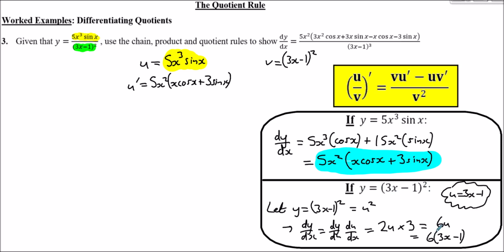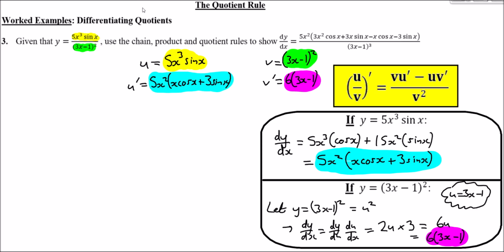Differentiating that, we end up with 6 lots of 3x minus 1. So v dashed is 6 lots of 3x minus 1, because we proved it there. And in the same way, u dashed was this 5x squared, brackets, x cos x plus 3 sine x.